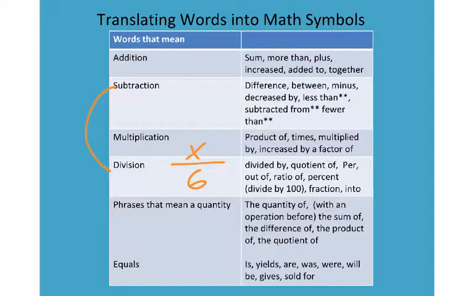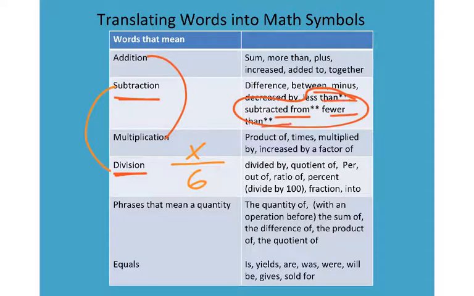With addition and multiplication, these are commutative operations. So what that means is that the order is not really important, because, for example, 3 plus 4 is the same as 4 plus 3. But with subtraction and division, the order is very important. So we talked about the order for these three phrases. If you don't have to switch them for these three phrases, then keep the order the same.